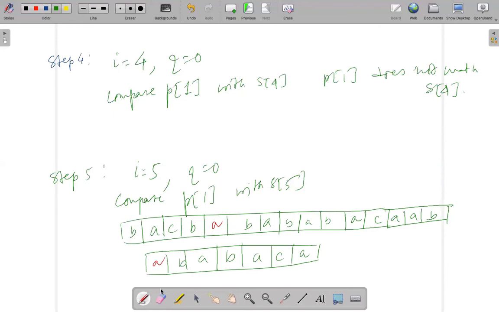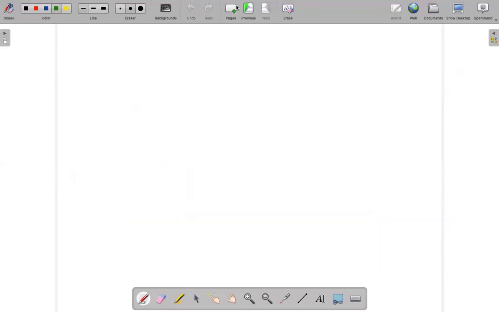Let's see what happens in step 6. We have I equals 6 and Q has got incremented due to the match in the previous step. Now we check P2 is equal to S6, which is true.